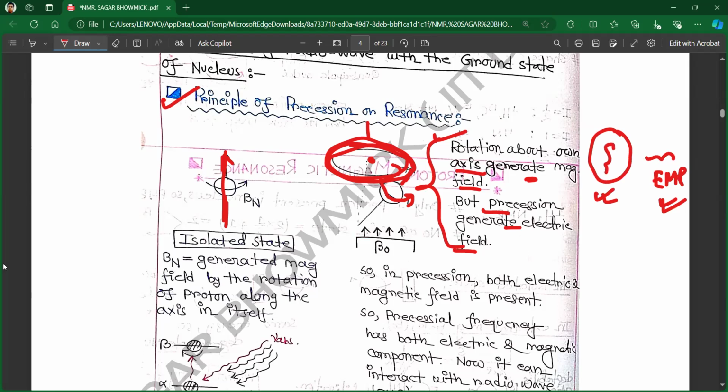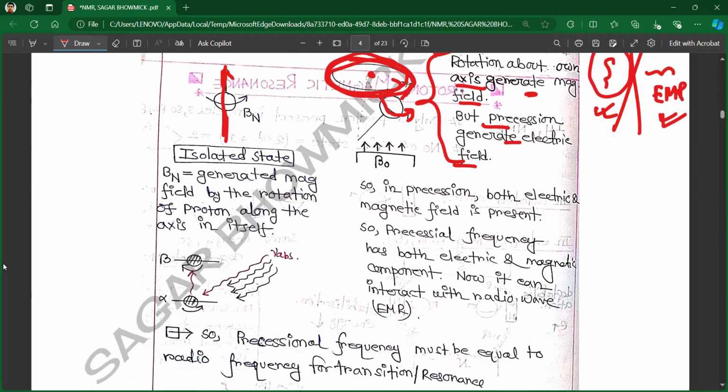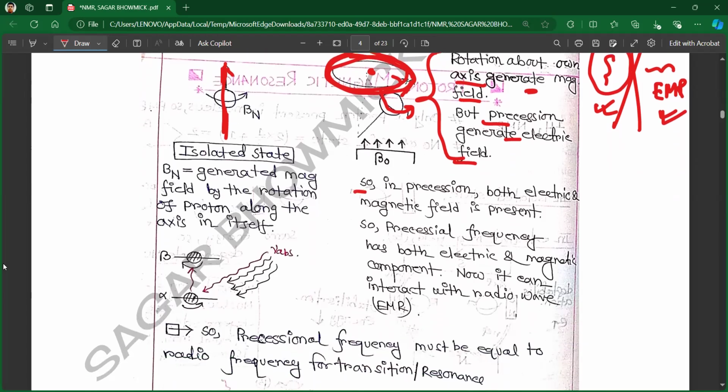So in my system, if these two components are missing, then this system will never interact. Here rotation about its own axis generates a magnetic field, but this precession will generate an electric field. That means a kind of electromagnetic system is generated. So in precession, both electric and magnetic fields are present. So the precessional frequency has both electric and magnetic components. Now it can interact with the radio wave.